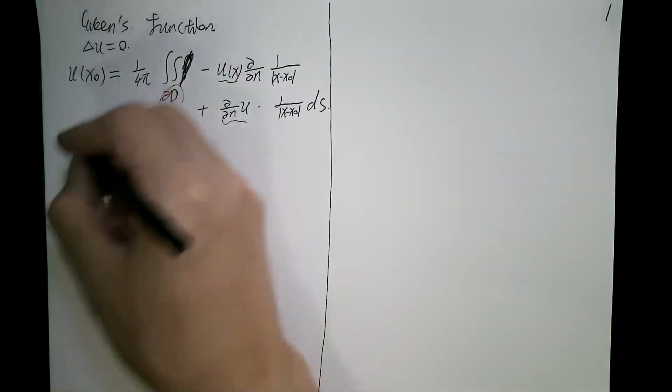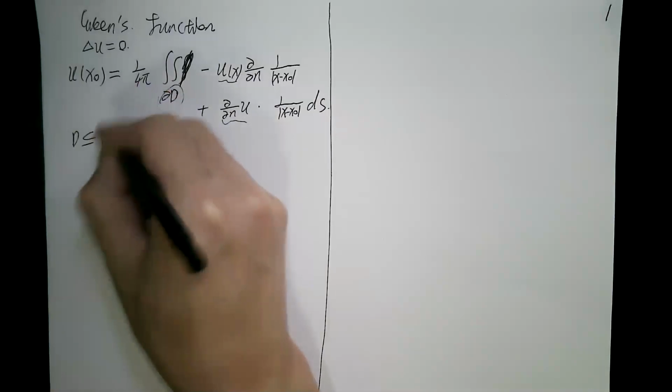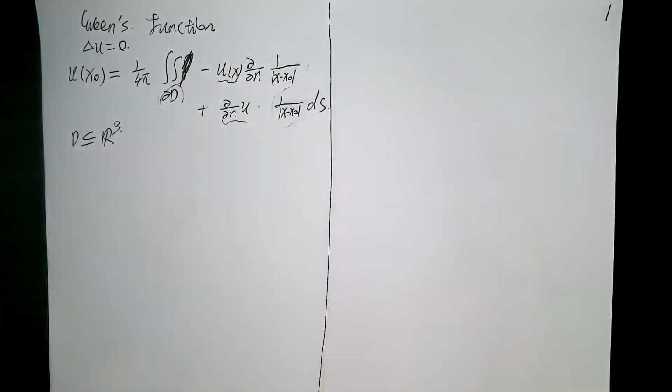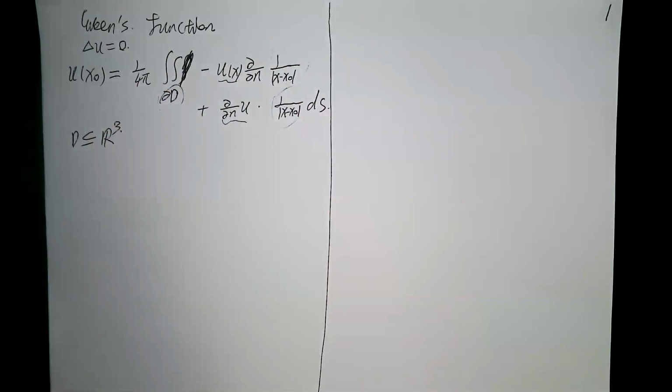This is in 3D. In 2D, we just need to change this part to be a logarithmic function, okay? So this representation formula is very useful, or at least looks very useful. And it's also very general because it's talking about any domain. For whatever domain, you just need to tell me the boundary condition of this harmonic function, then you can calculate it.